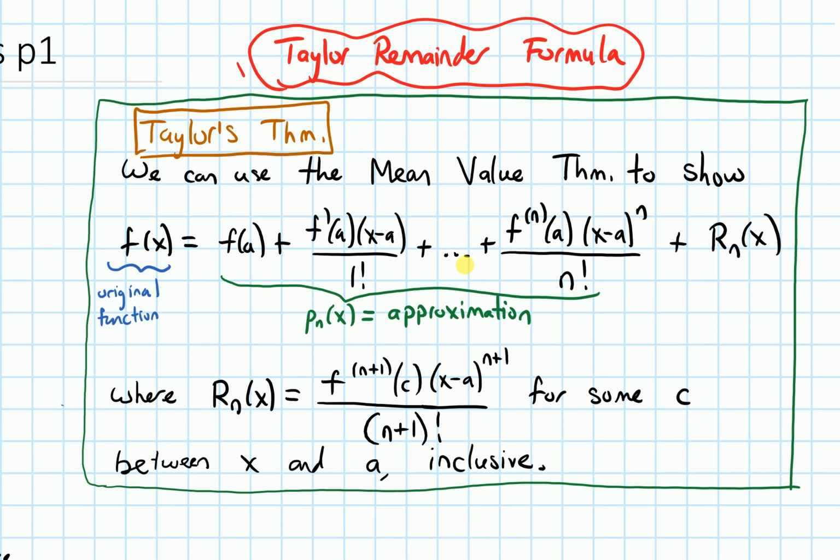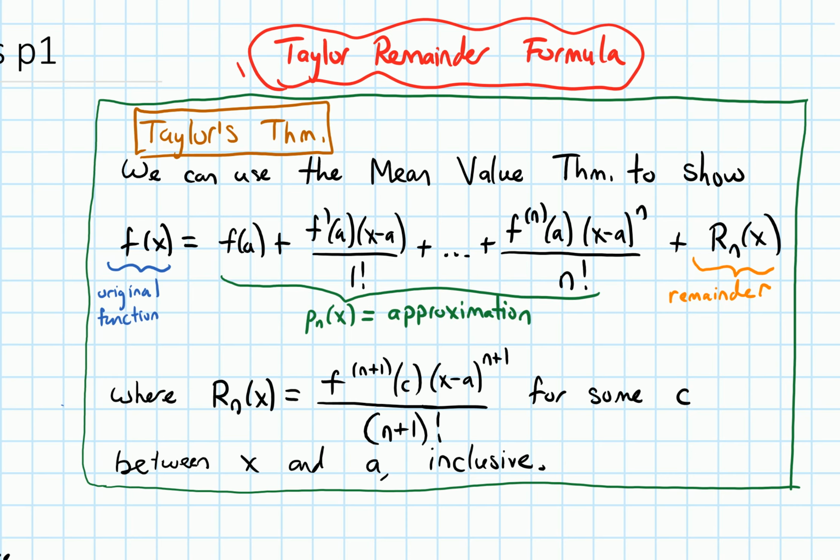When we approximate the original function, it's not going to be perfect. It's going to be off, usually by a little bit, and that's what Rn of x represents. This is called the remainder. When we use the mean value theorem, one of the things it tells us is that this remainder, Rn of x, equals the following fraction.